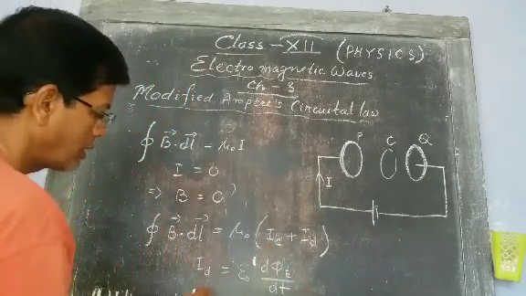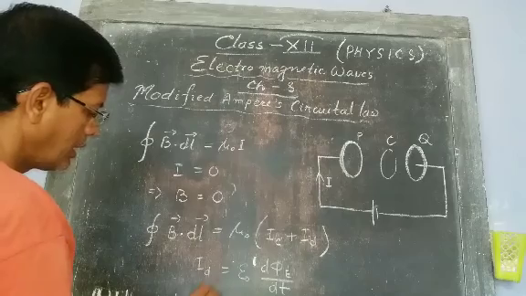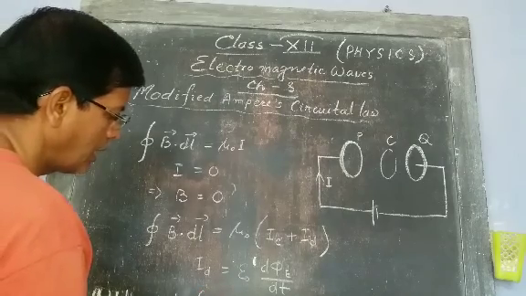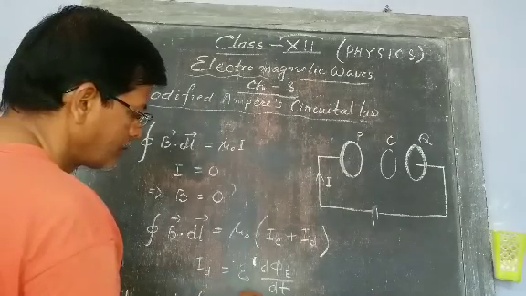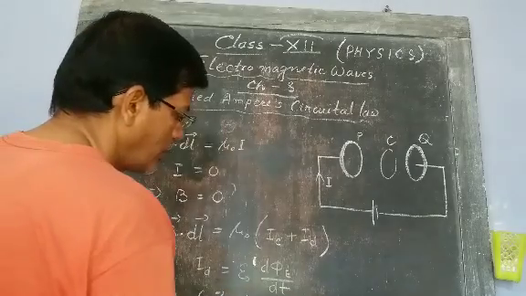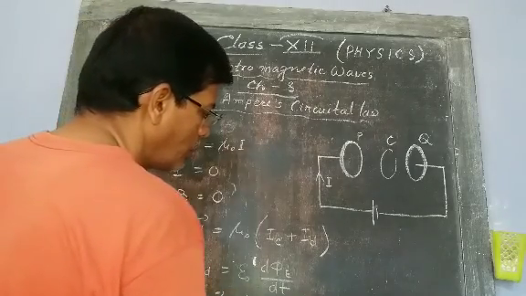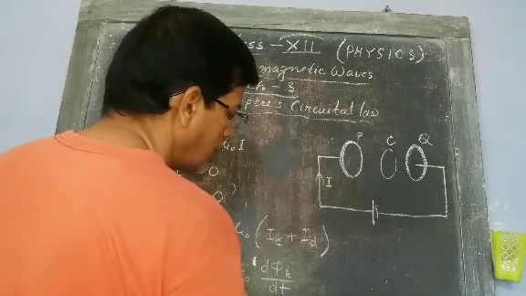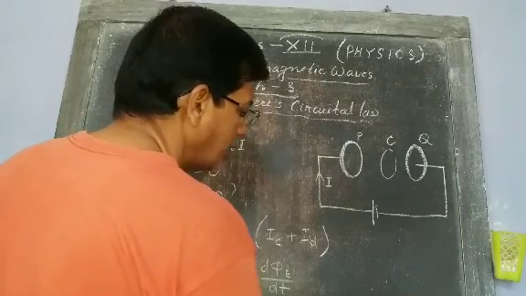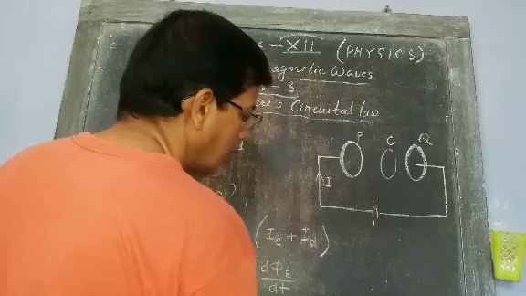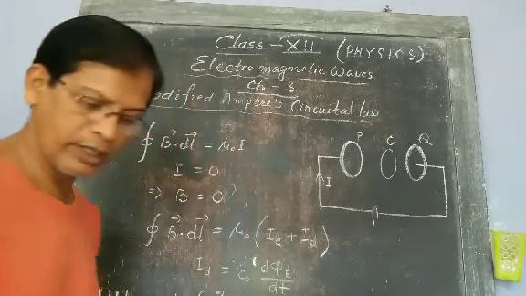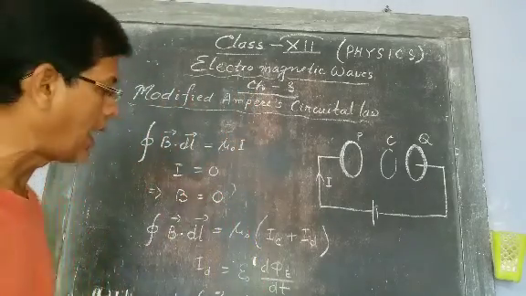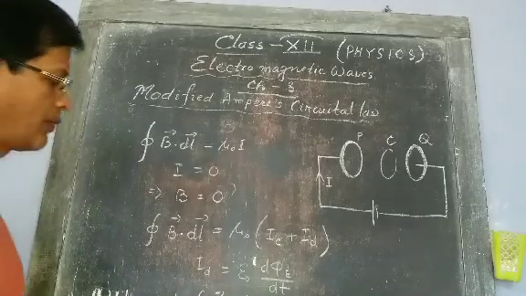So what is the expression? The closed integral of B dot dl equal to mu naught into IC plus epsilon naught d phi E by dt.